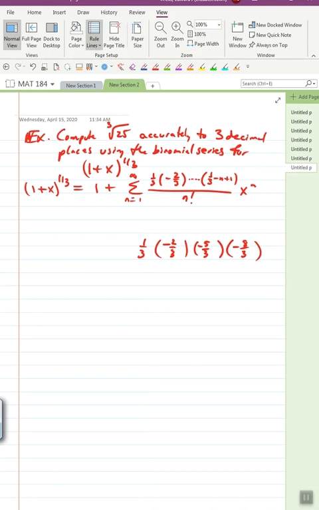Basically, I haven't done anything other than just put 1/3 in where the m is. Okay, but by doing a little scratch work down here, I can see now that 1 plus x to the 1/3 is actually what? It's 1 plus, okay, the first term would be what? 1/3 x?